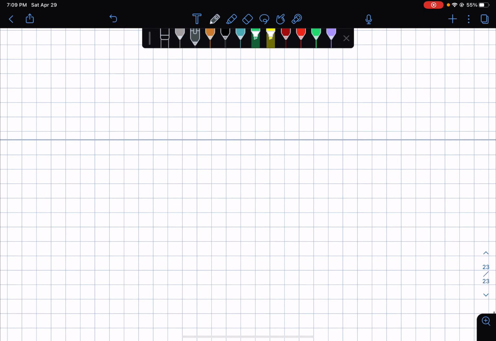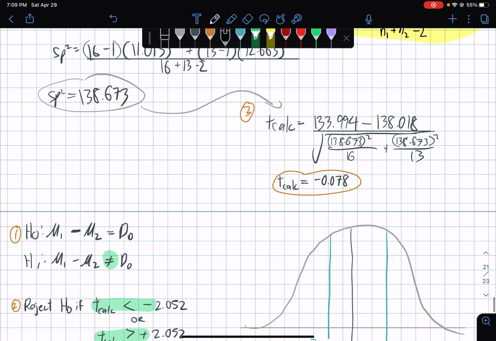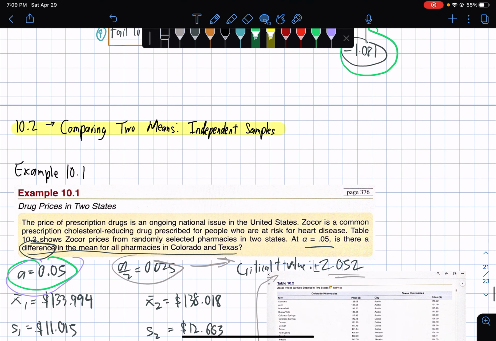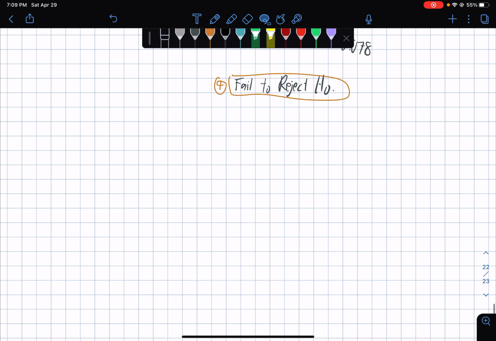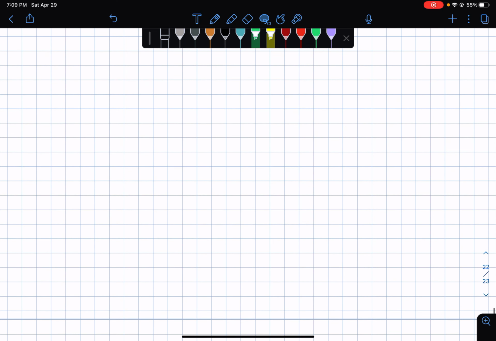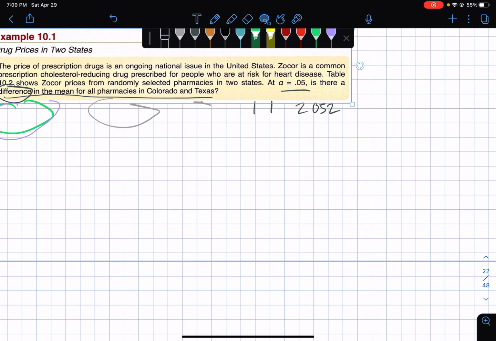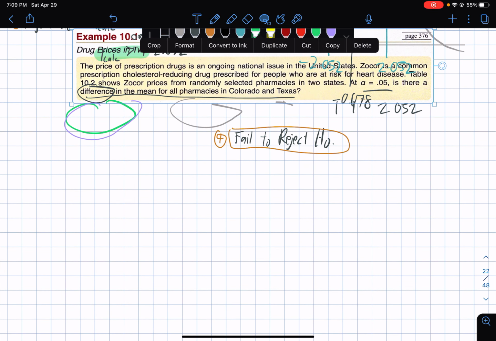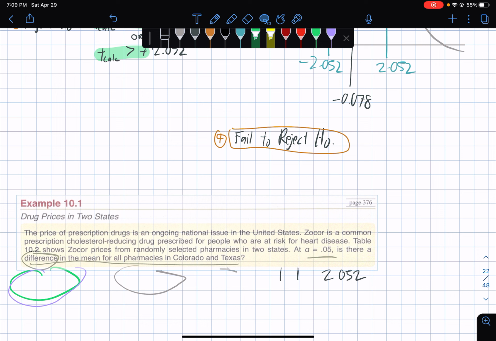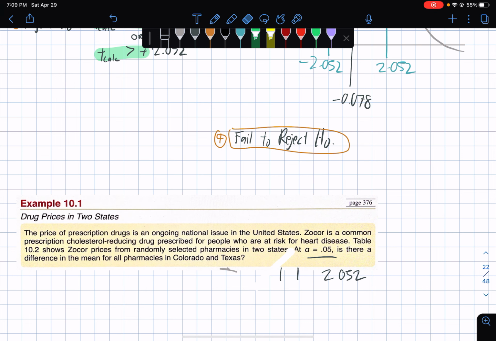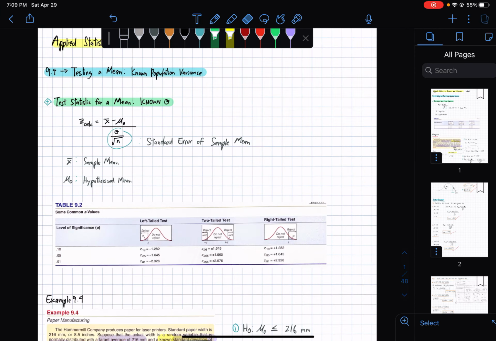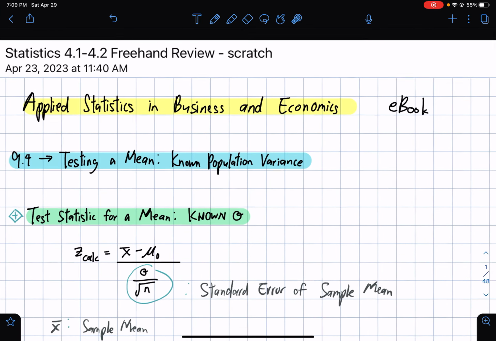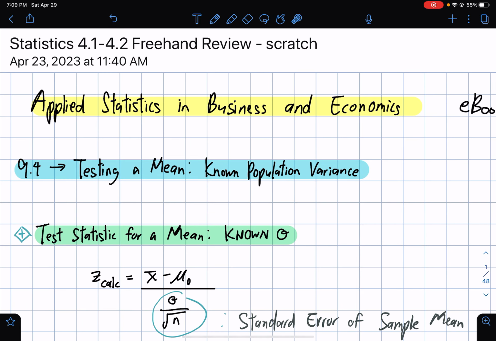So let's start with the actual lesson right now. Comparing two means, independent samples. Let's redo example 10.1. By the way, the ebook that I'm basing this lesson on is called Applied Statistics in Business and Economics.